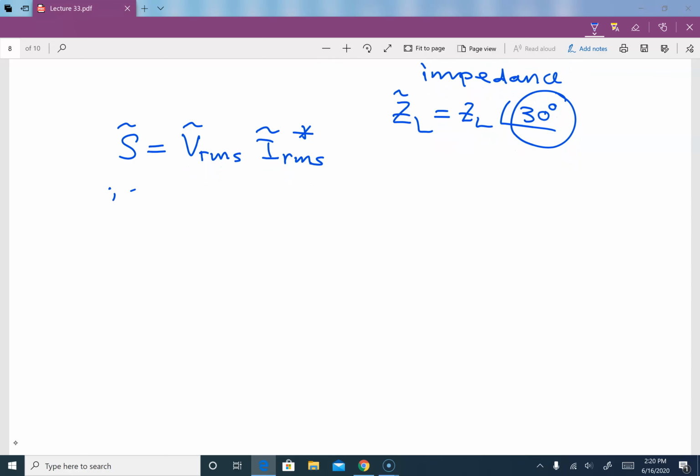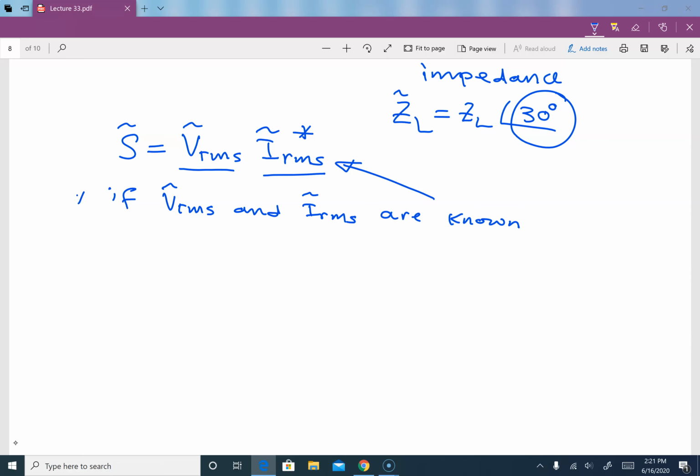Let's say that if VRMS and IRMS are known, then we can use this formula. So VRMS is known, IRMS is known, then VRMS times IRMS conjugate is equal to the complex power.